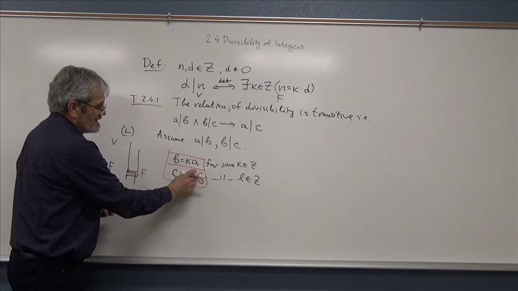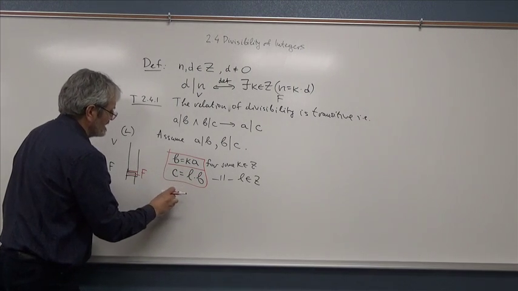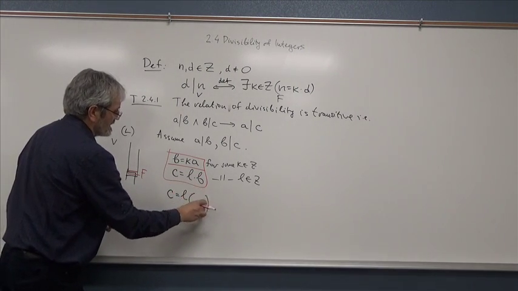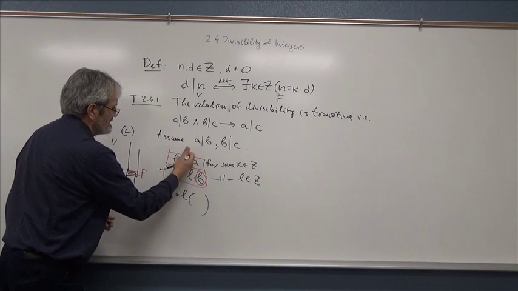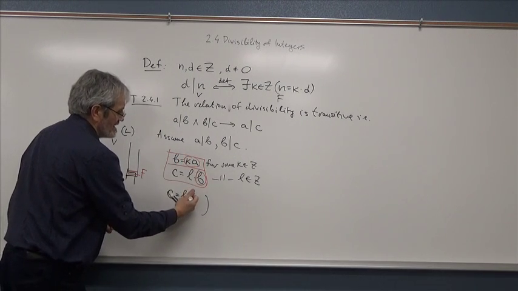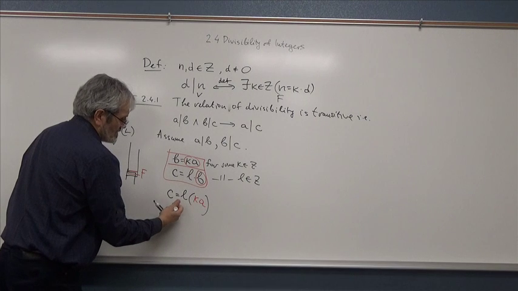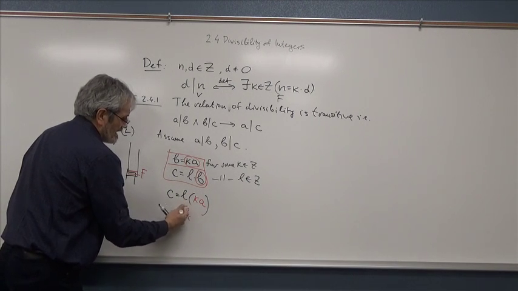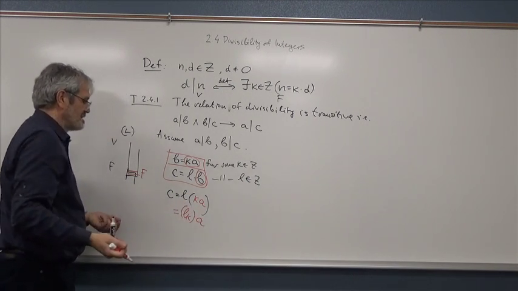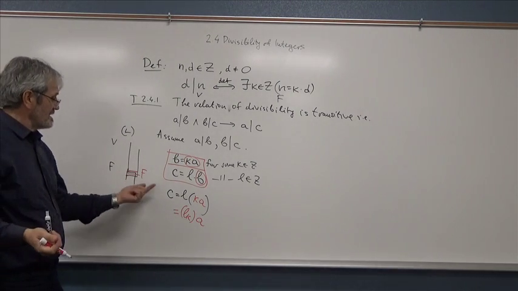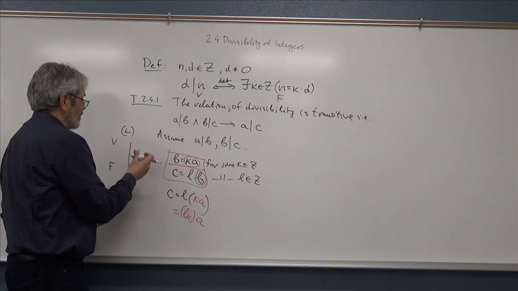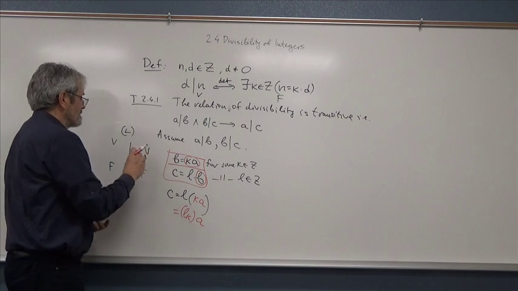Obviously, if you plug in B here, we'll get the following. C equals L times, and instead of this B, I will replace K times A. And then by the associative law, it's LK times A, and then what? Then we are already here, we have an equation. Now we want to go back to the verbal land.